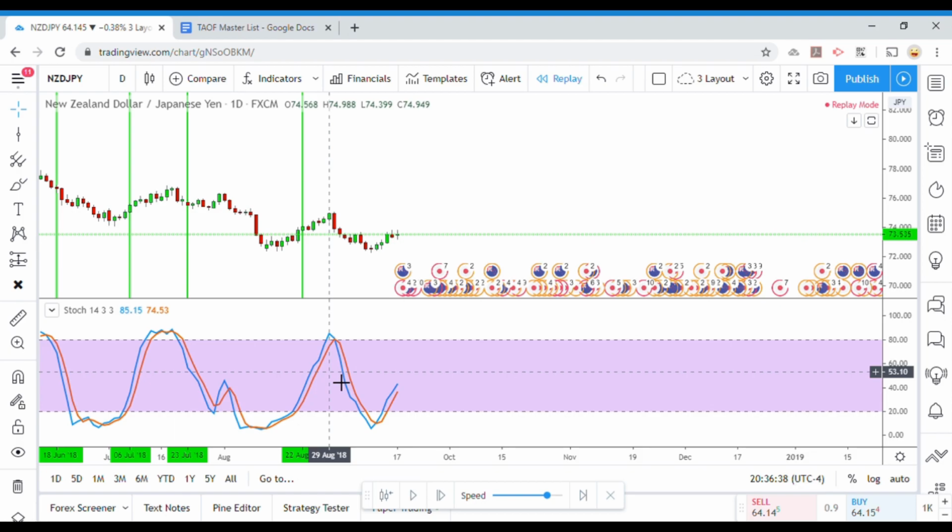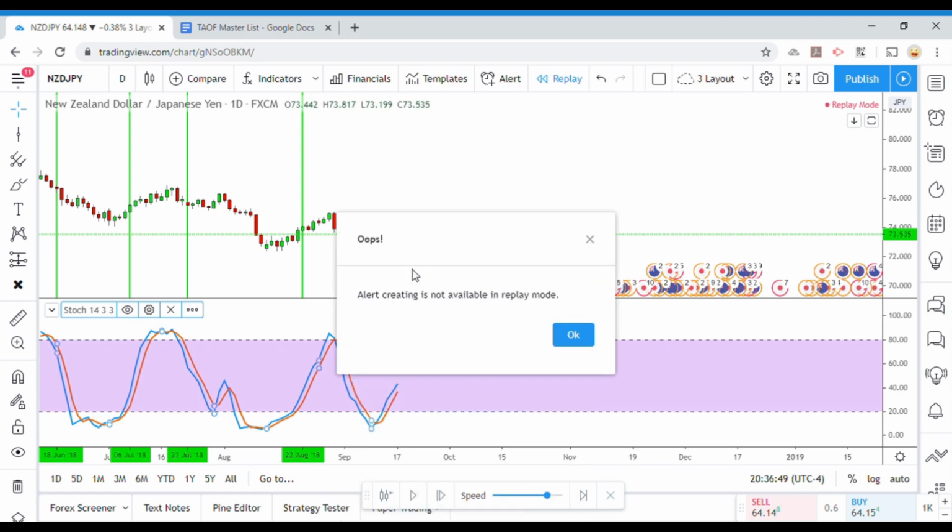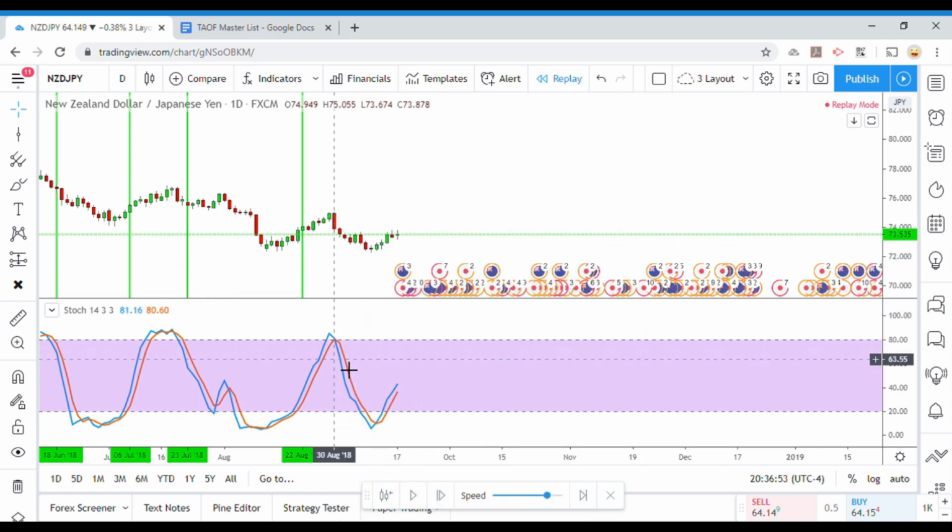Now, typically what I do is, TradingView has this function with indicators as well as just lines themselves that you can add. It's not going to let me go into it at the moment.